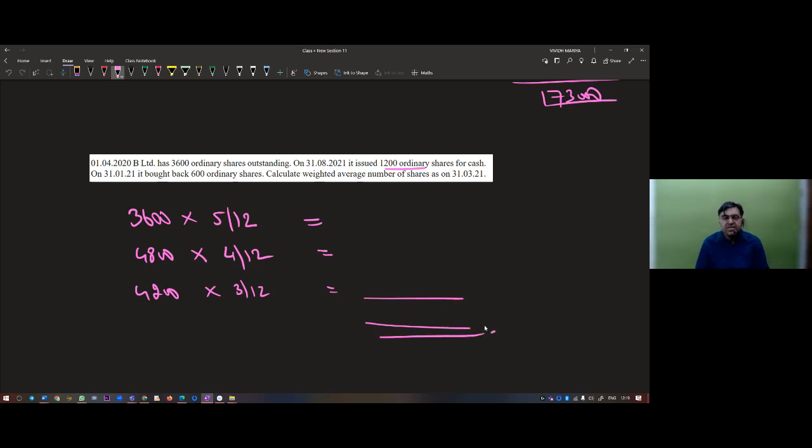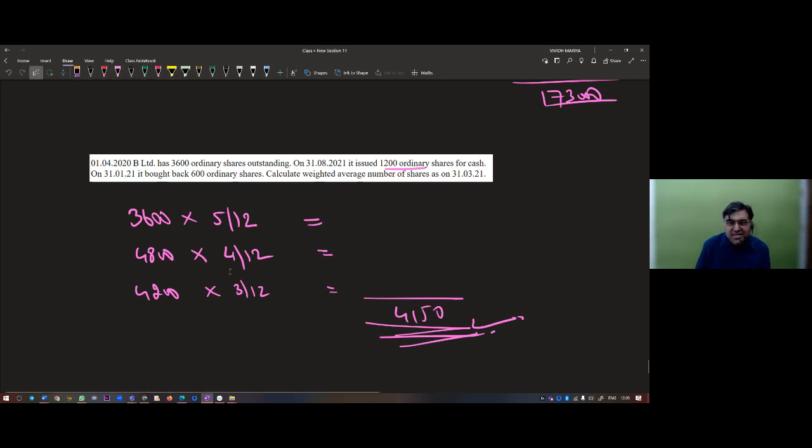Here 12 is common, we can divide at last. So I am using the calculator. 3,600 into 5. Answer is 4,150. Why is the answer different? The answer shouldn't differ.